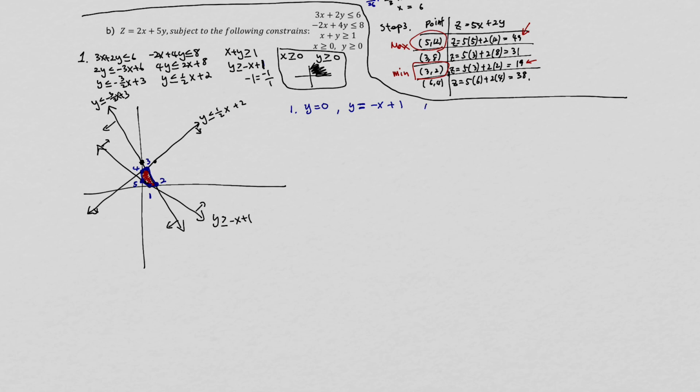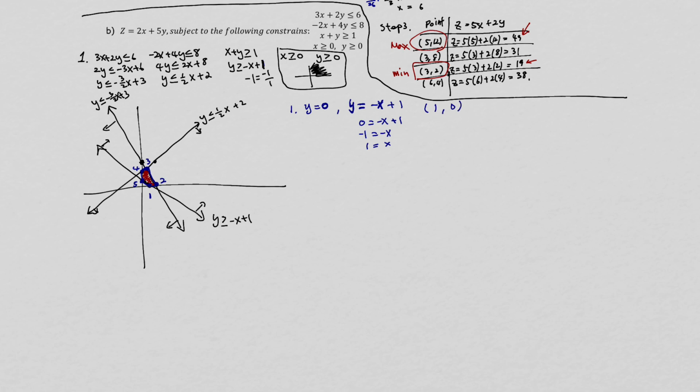So y equals 0. When you replace y with 0 here, your x is going to become, subtract 1, so x is going to be 1. So you will have 1 and 0.